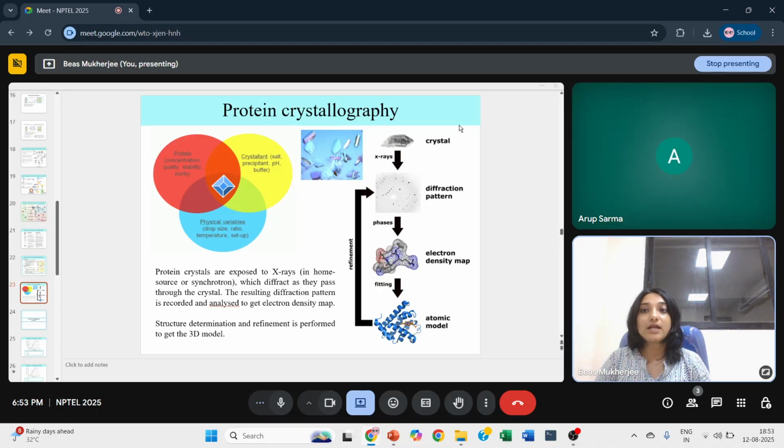Okay. Now crystals depend upon protein concentration, protein quality, stability and purity. Crystallant, that is salt, precipitant, pH and buffer, these are required for crystallization.